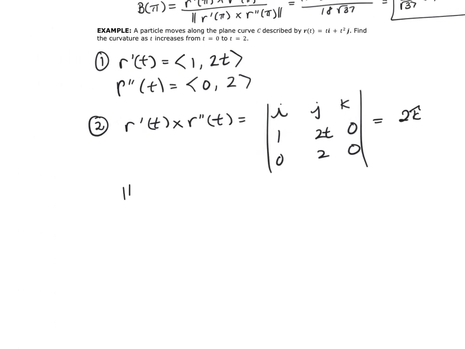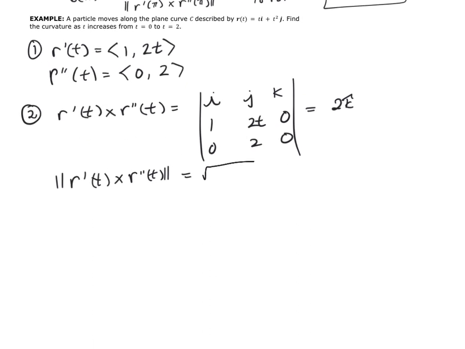So the norm, or the magnitude, of this cross product is just going to be the square root of 2 squared, which is just 2.